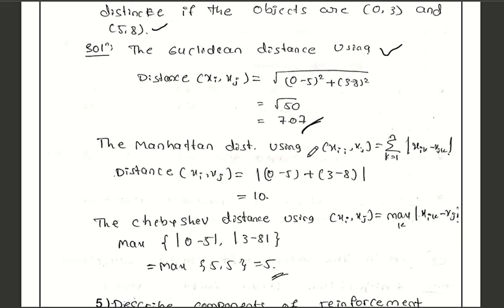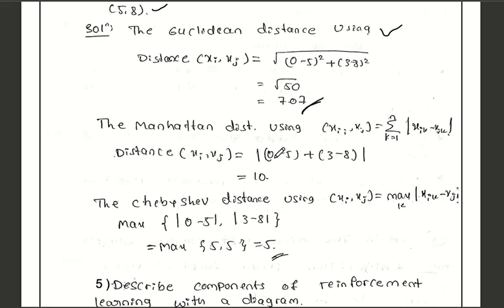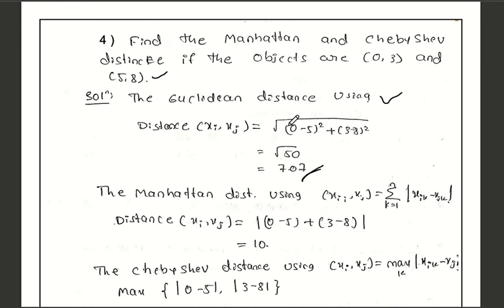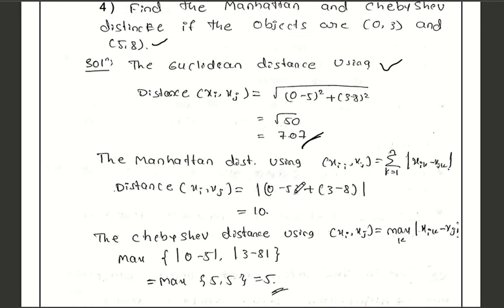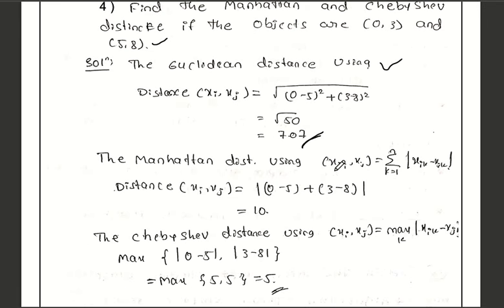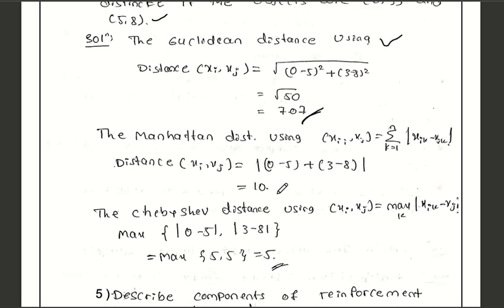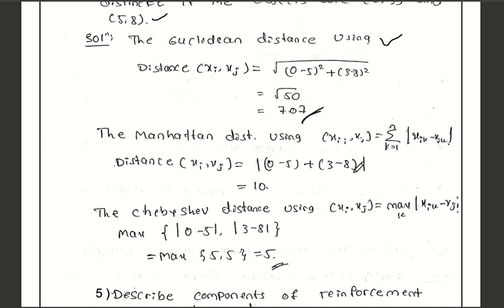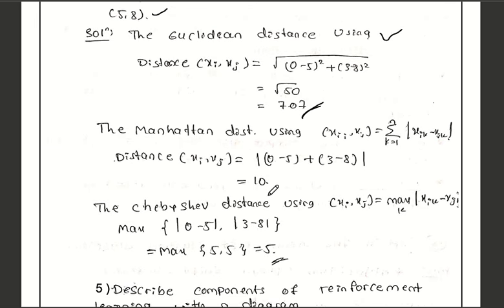Then the Manhattan distance, using this formula: the mod of this minus this. In the Euclidean distance there is a square and root, but in the Manhattan distance there is no square root. You just take |0 minus 5| plus |3 minus 8|, and you will get 10.